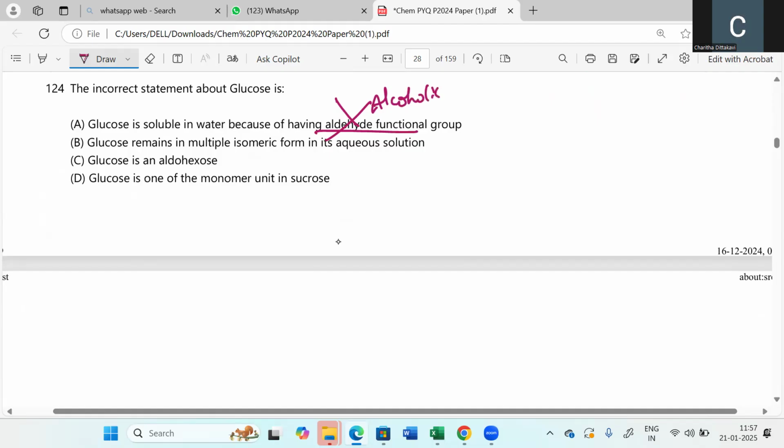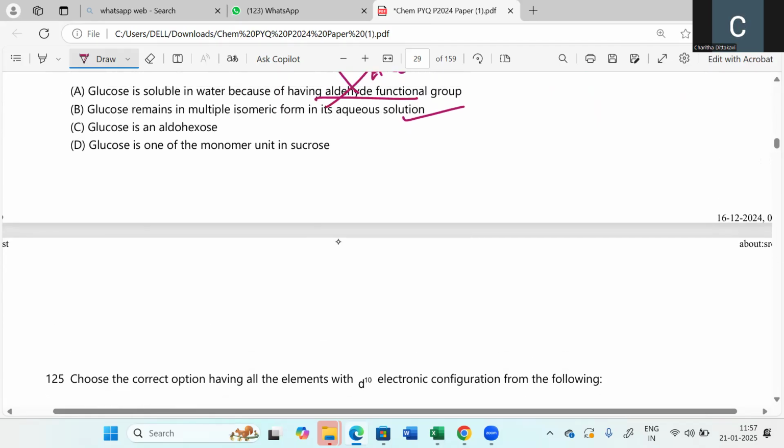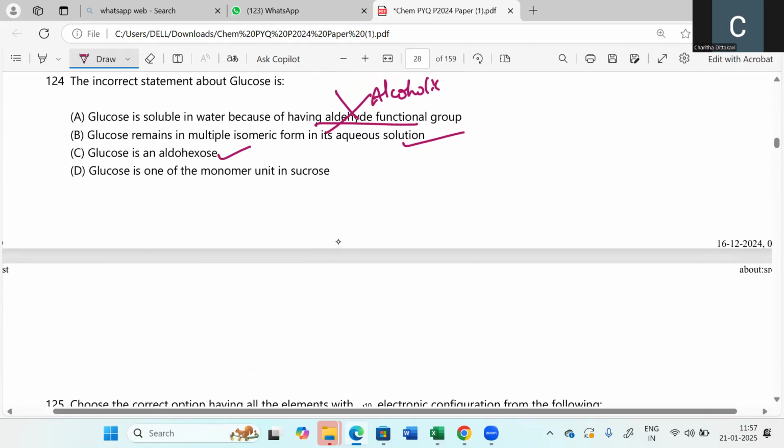And it remains in multiple isomeric forms in solution. Then, glucose is an aldohexose, correct? Hexose means 6 carbons, and aldo means having an aldehyde functional group. So it is an aldose, definitely an aldohexose.